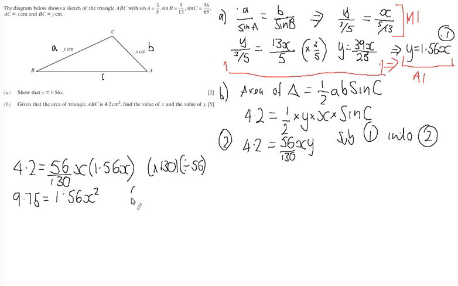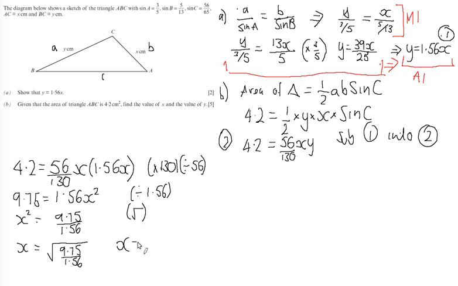And so then I'm going to divide by the 1.56, so I get that x squared, I'm just going to write it the other way around, is 9.75 over 1.56. I'm just going to leave it like this for the time being, and I'm going to do a square root, so x equals the square root of 9.75 over 1.56, and we get that x equals, and of course we're going to take the positive root of this because we can't have a negative amount, 2.5.